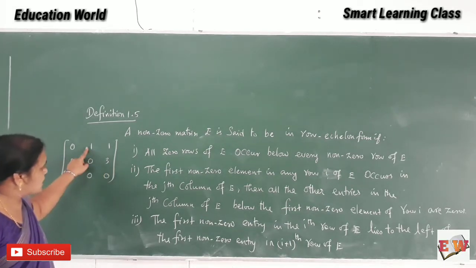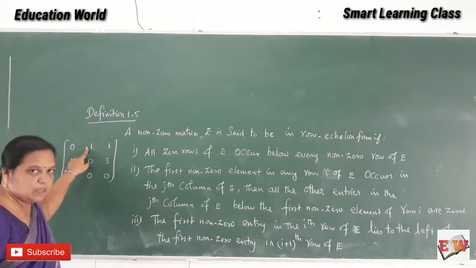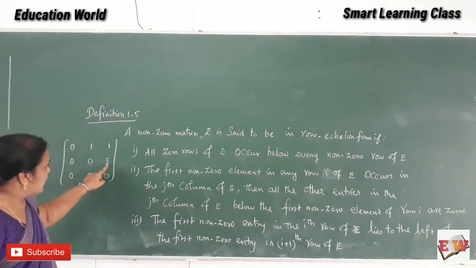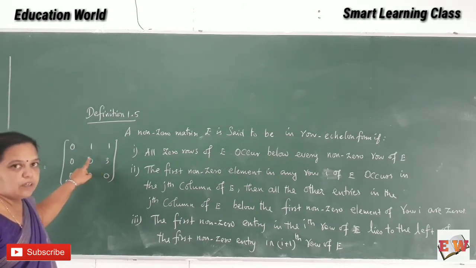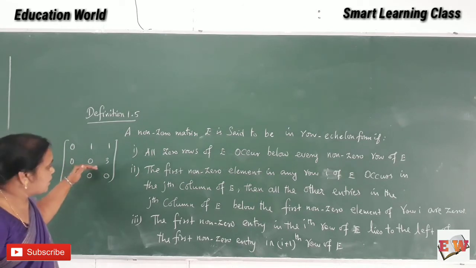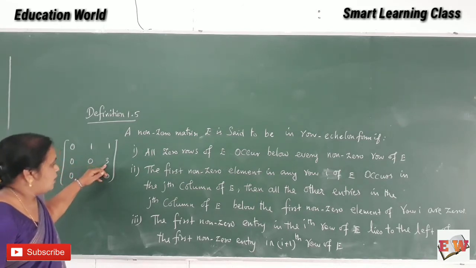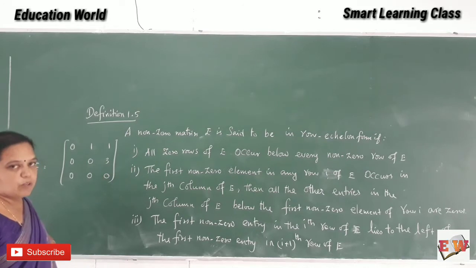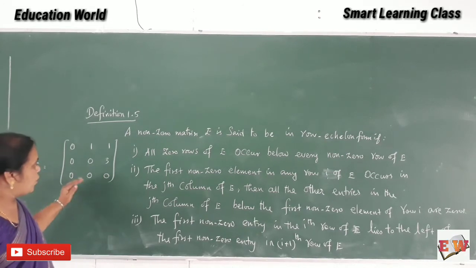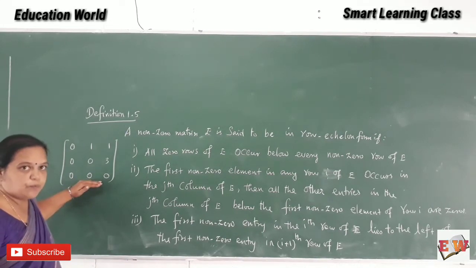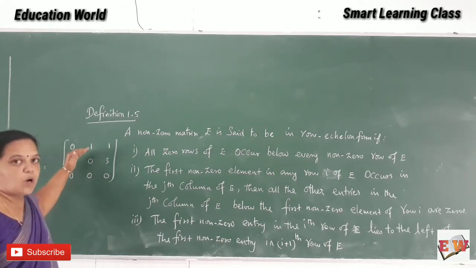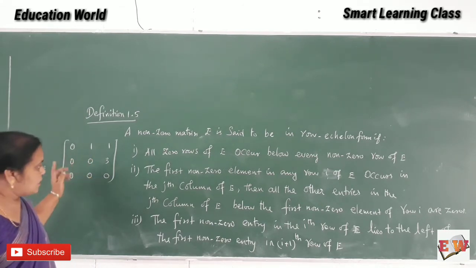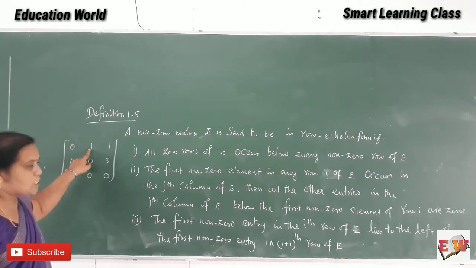Okay. The first non-zero entry in the ith row of E lies to the left of the (i plus 1)th row of E. Once again I tell, all zero rows of E occur below every non-zero row of E. Second one, the first non-zero element is this.